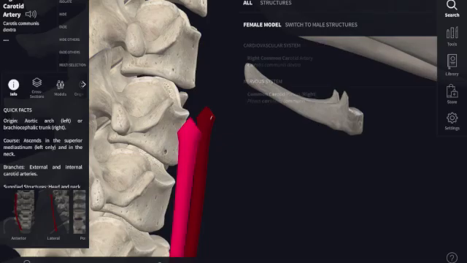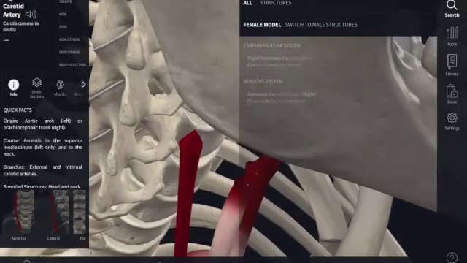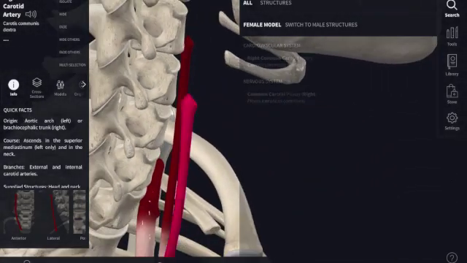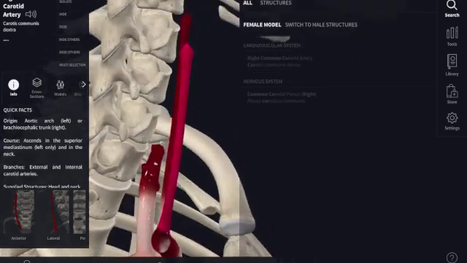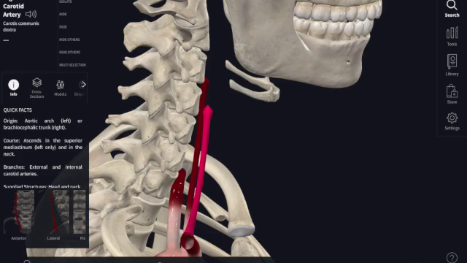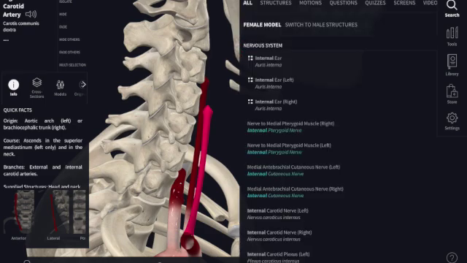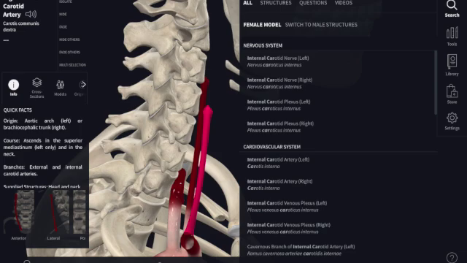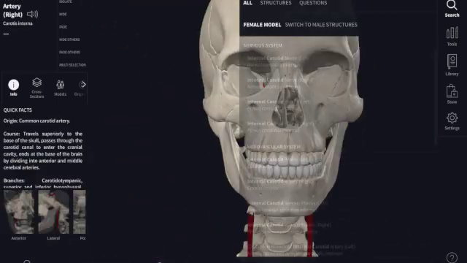Okay, it looks like it's going to bifurcate again. The one that is more posterior is going to be the internal carotid artery, and it's going to be on the right side.